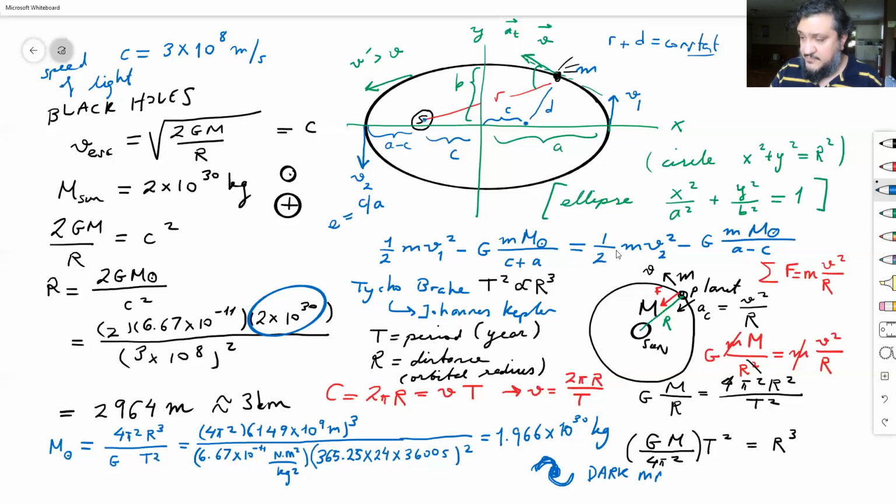In physics, if you don't know what something is, just call it dark. Dark matter. Like dark energy, we have dark matter. Dark energy is the factor that expands the universe at an accelerating rate. Why? We don't know, but we call it dark again, dark energy.